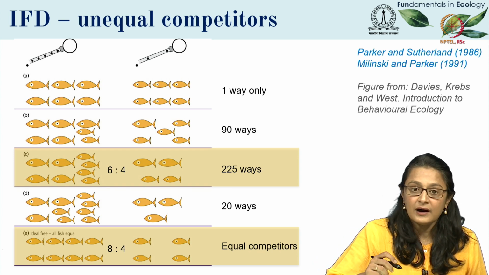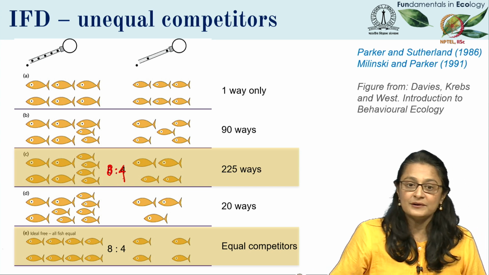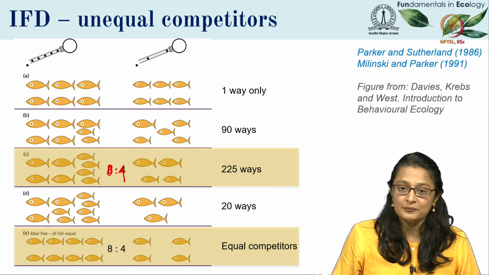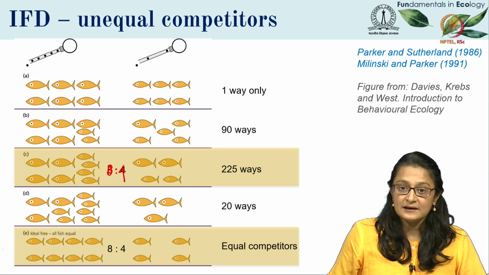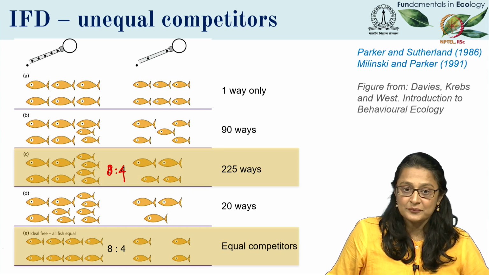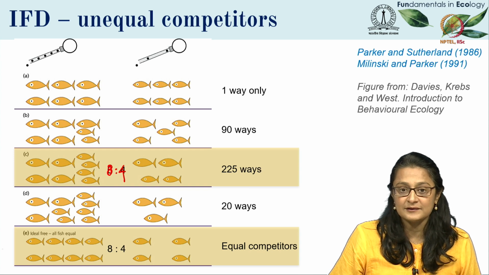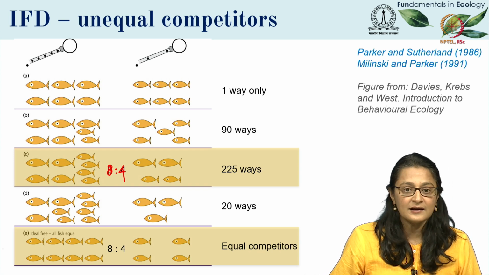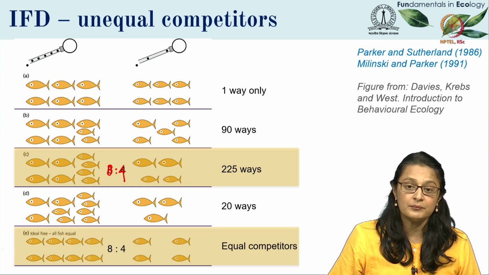In our unequal competitors scenario, we still have 8 fish on one side and 4 on the other, but those 8 fish are a combination of small and big fish. So we might see in an environment 8 fish on one side and 4 on the other and conclude that's equal competitors, but it could be unequal competitors, and we wouldn't know unless competitive advantage was obvious, like this, where they were big or small.